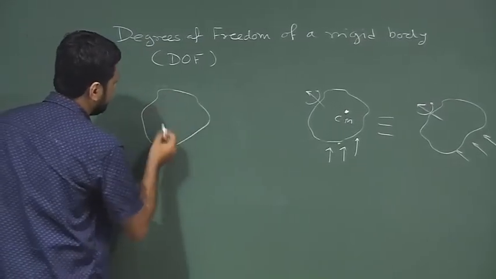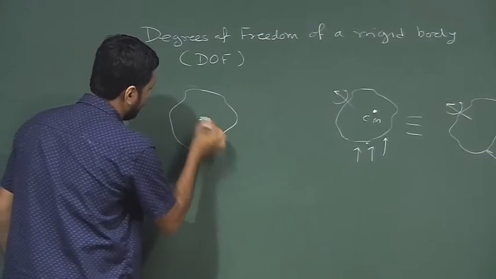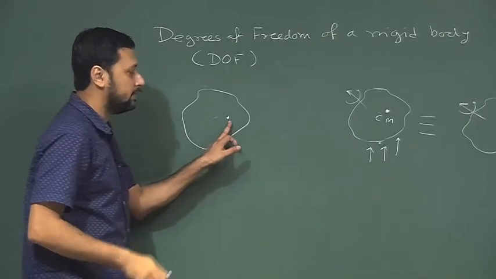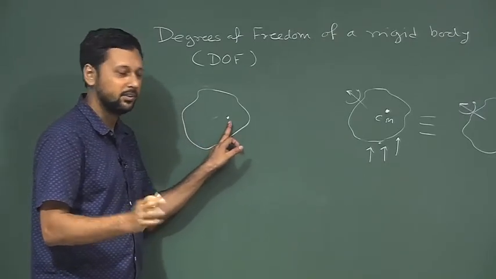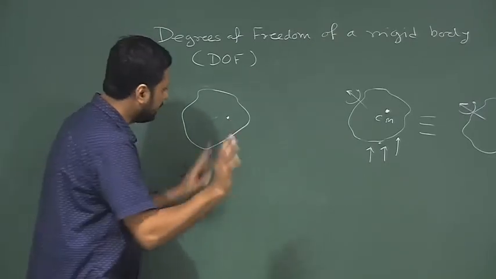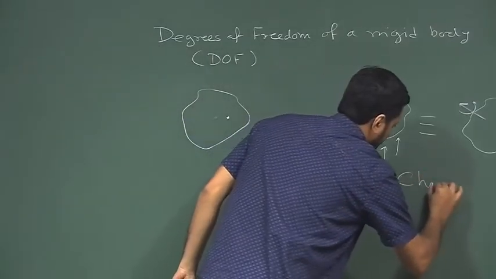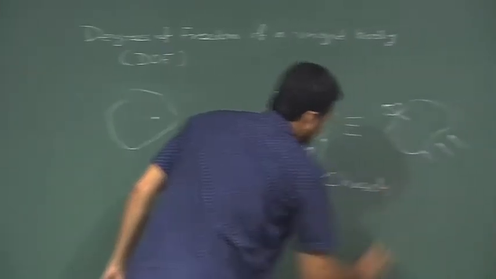That means, let us say this is my rigid body and some point. Please do not confuse it with the center of mass. This fixed point need not be the center of mass. It could be the center of mass as well, but it need not be.